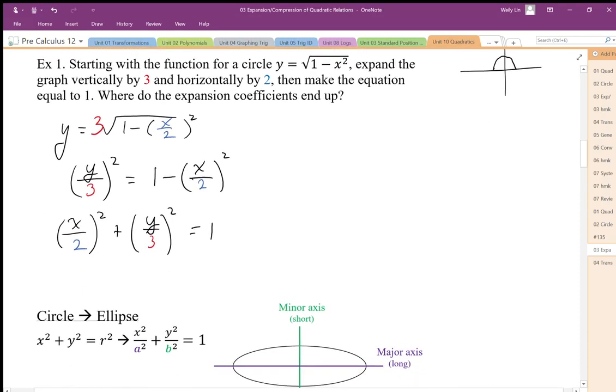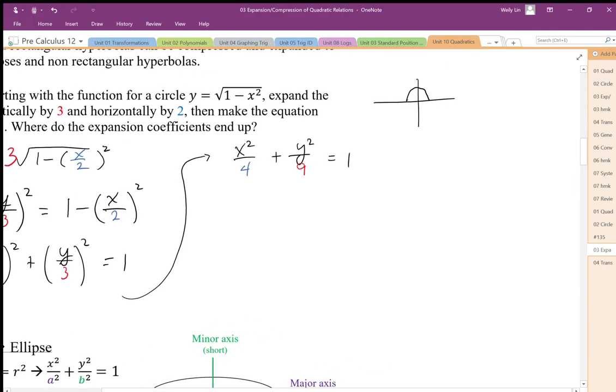We would rearrange it into x squared over 4 plus y squared over 3 squared equals 1. We can see that our x-axis radius is 2 and our y-axis radius is 3, based on our vertical and horizontal expansions.